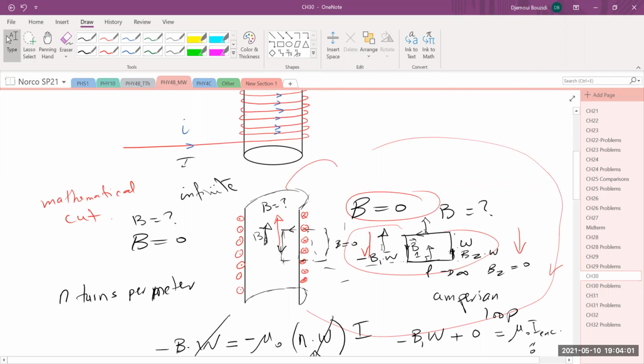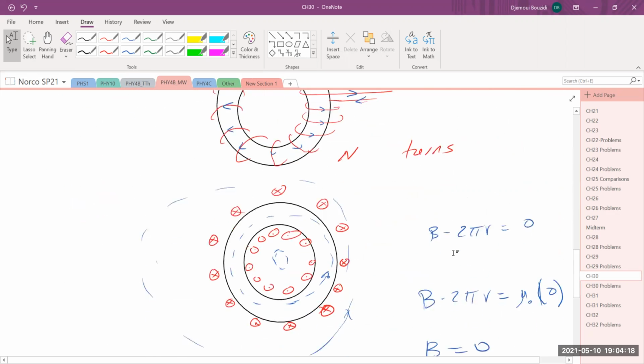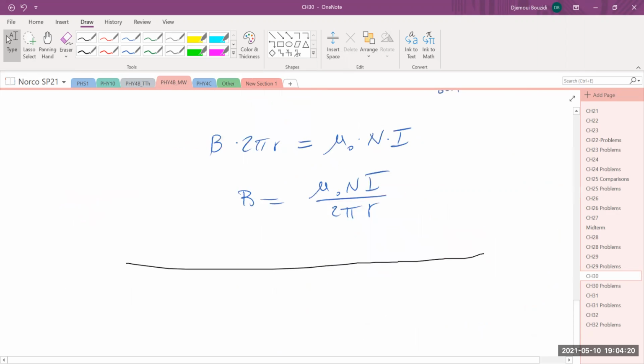Because in a practical solenoid, this will have a definite magnetic field outside, albeit immediately next to it is going to be negligible. But that direction will be then very important, trying to track it down because it's going to circulate in a full circle. So that's the only thing we did so far from this chapter.